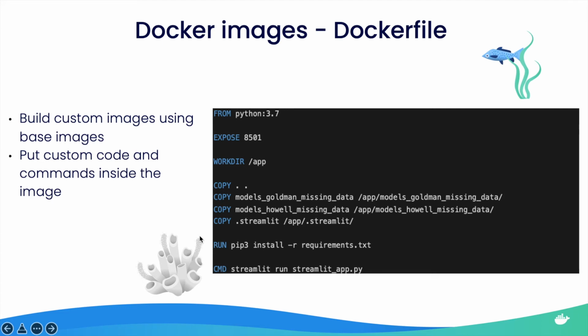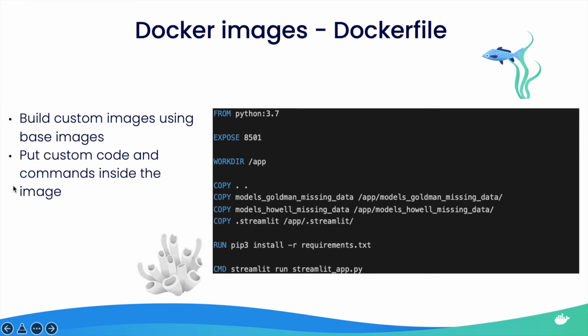Then run is a command that tells the image to run the pip3 command inside the image, meaning that we run the command pip3 install -r requirements.txt, so all the Python libraries specified inside the requirements.txt file will be installed in our image.